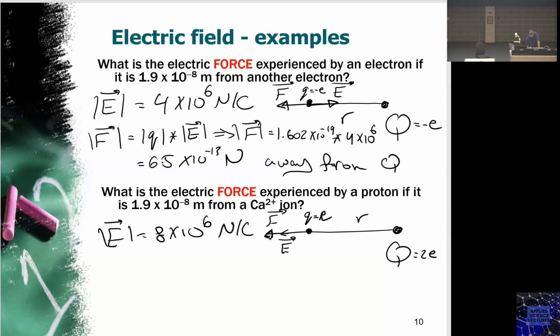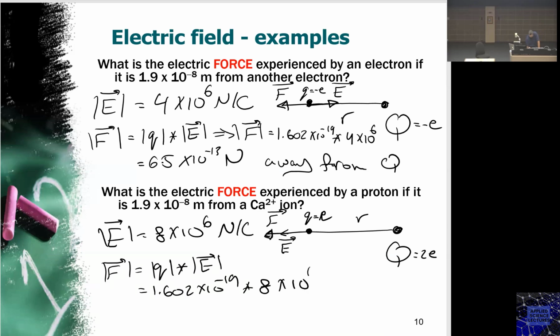Now if I calculate this force, which is q times E, then 1.602×10^-19 times 8×10^6, and the answer is 1.3×10^-12 newtons, again pointing away from Q.